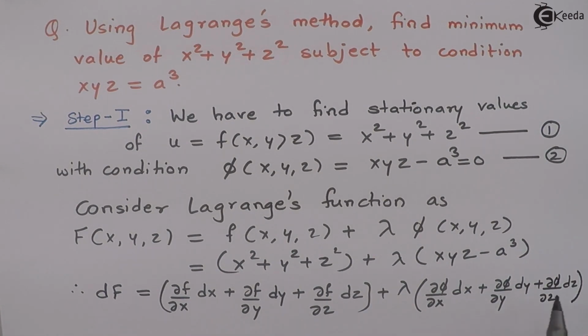So by using this formula, we'll get the value of dF. For that, we'll partially differentiate this function f with respect to x. So here we'll get 2x dx, here we'll get 2y dy, here we'll get 2z dz. Similarly here we'll differentiate phi partially with respect to x, then with respect to y, and then with respect to z.